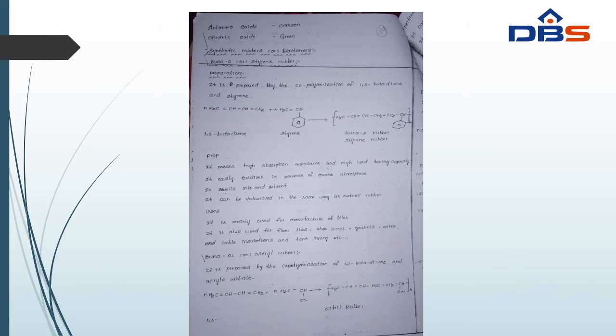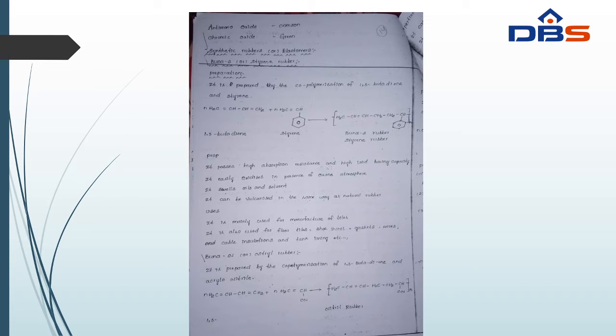Buna-N rubber, or nitrile rubber. That is very important. It is prepared by the copolymerization of 1,3-butadiene and acrylonitrile. Once again, the preparation: it is prepared by the copolymerization of 1,3-butadiene and acrylonitrile.